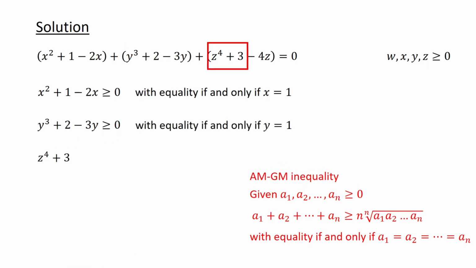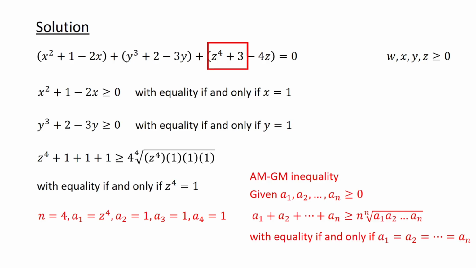Lastly, consider the term z⁴ + 3. Writing the expression as z⁴ + 1 + 1 + 1, and then applying the AM-GM inequality, with n equals 4, a1 equals z⁴, and a2, a3, a4 equal 1, gives us z⁴ + 3 is greater than or equal to 4 times the fourth root of z⁴ times 1 times 1 times 1, with equality if and only if z⁴ equals 1.